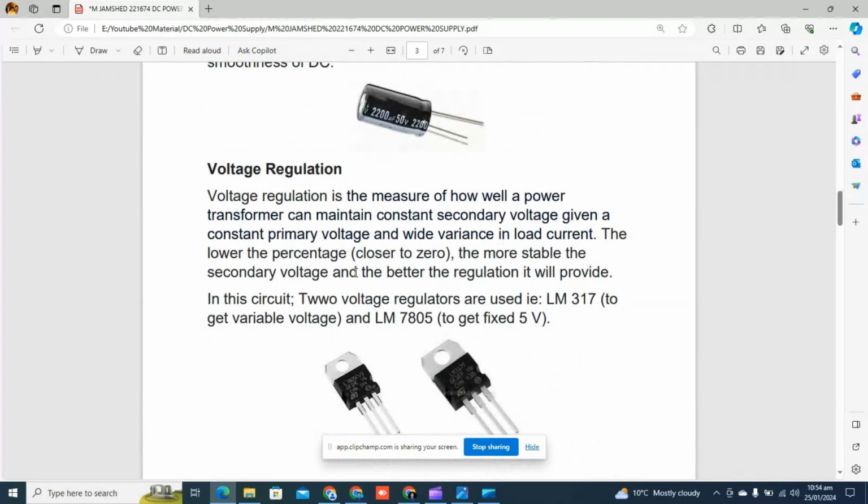Then two voltage regulators are used here: LM7805 for the fixed 5 volts. It can take inputs from 5 volts to 25 volts. It gives the output exactly 5 volts. And LM317 is used in the configuration in which variable voltages are required. It tends to keep the current stable.